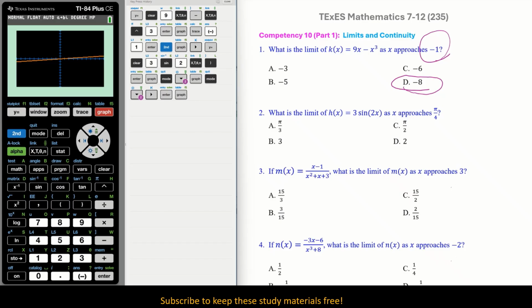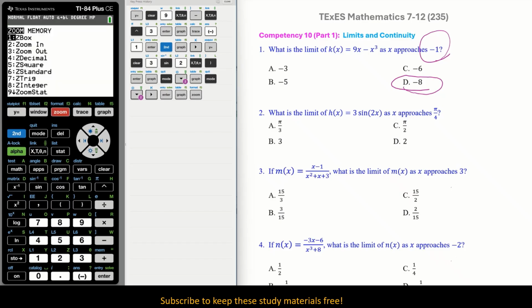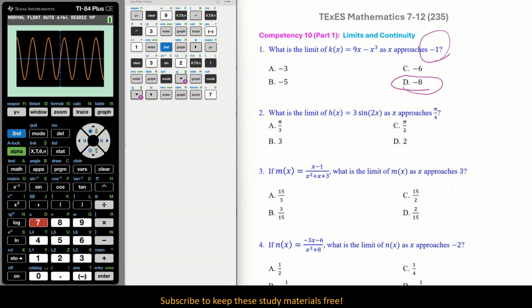There's lots of suggestions online. We could say zoom. See that number 7? Try it. And there you go. Now notice the picture was a little different if you changed your mode. But we don't have to change the mode because we have the 7 trig zoom.